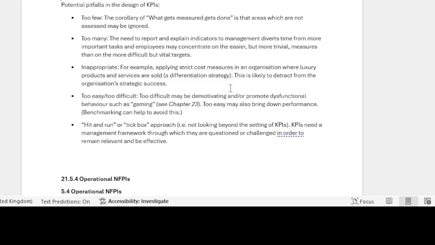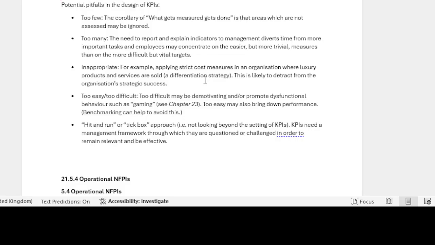For example, if you apply a strict cost measure in an organization where luxury products and services are sold, this is likely to distract from the organization's strategic success. How does that happen?